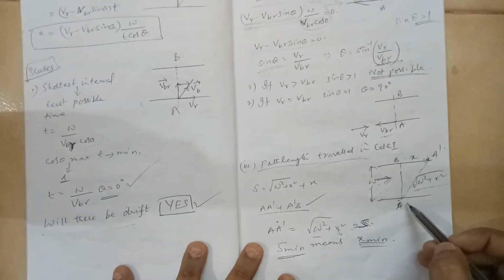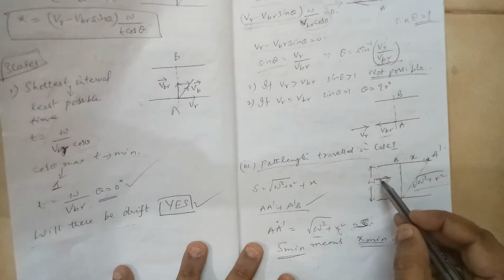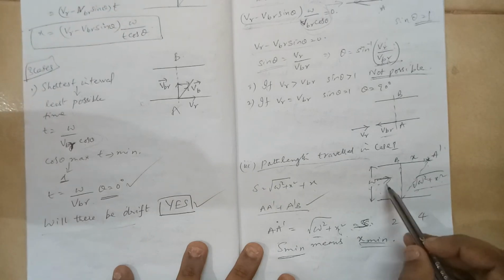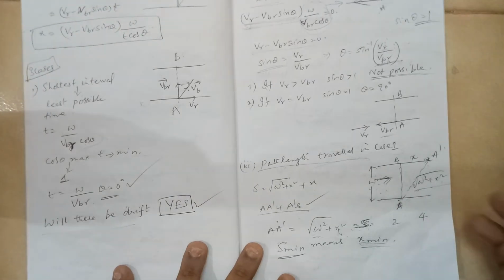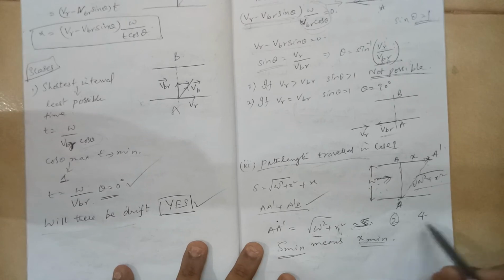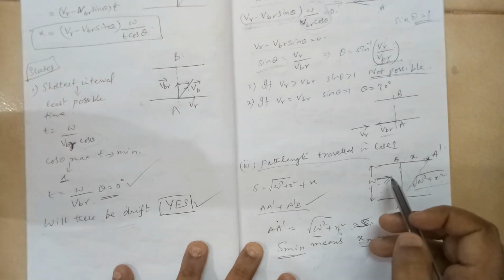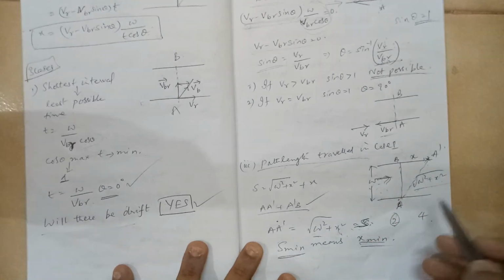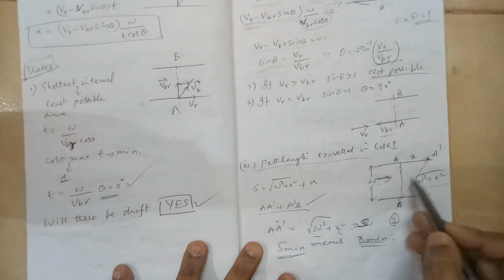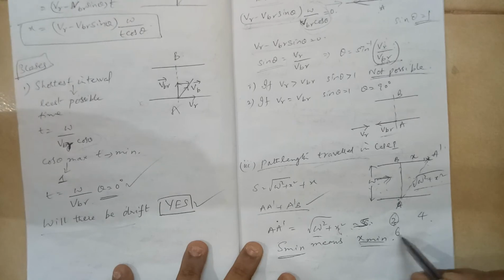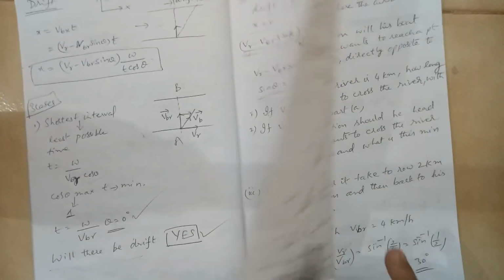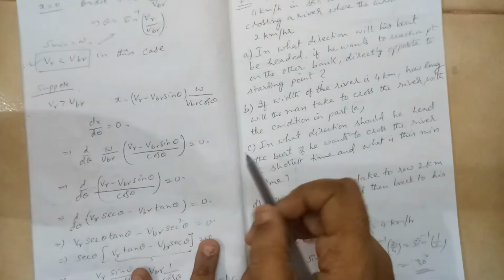If I take VBR as 4 and river speed as 2, in this case also there will be some drift. There can be a case where VR is more than VBR. Even in that case there will be a drift. Sounds tricky. So if this is 2, there will be drift. Let us say if the river speed is 6, then also there will be a drift. We are discussing that case.